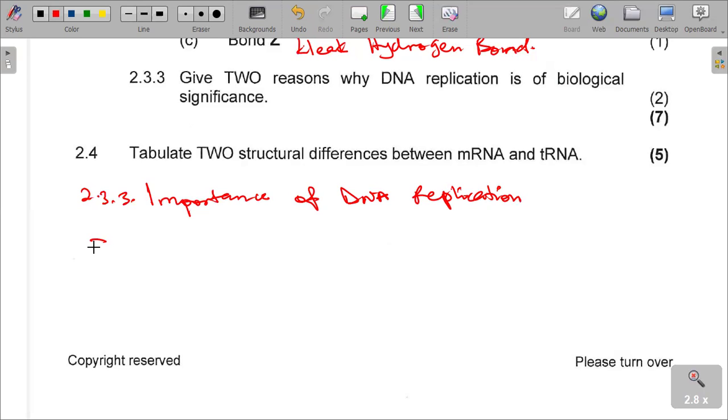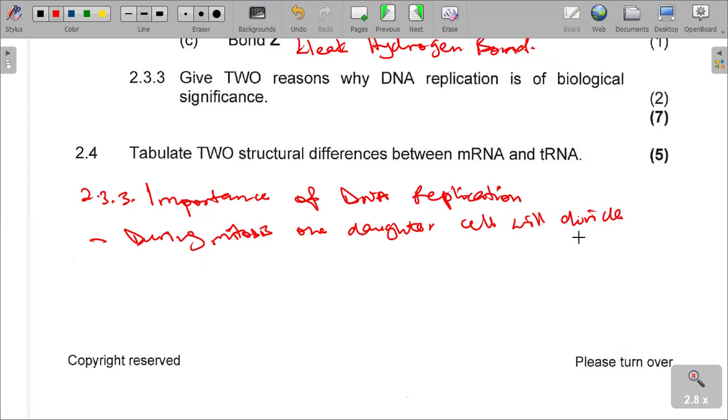One thing that you must understand here is that during mitosis, one mother cell will divide into two identical daughter cells.